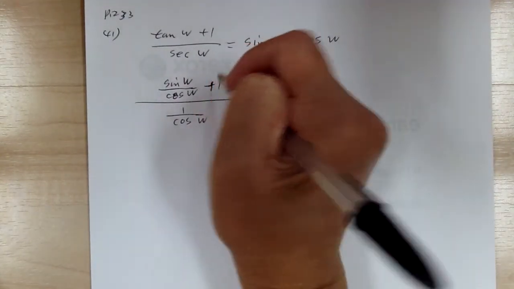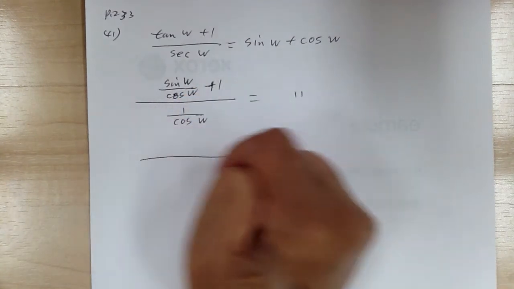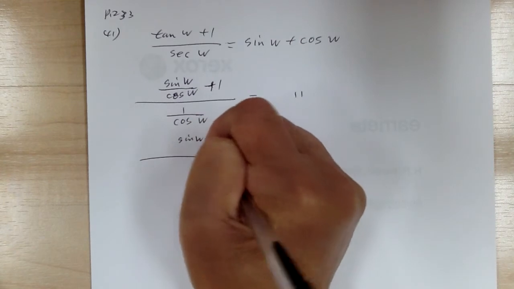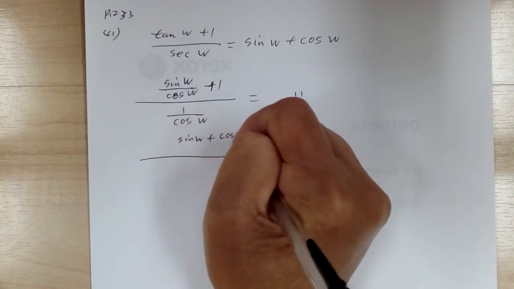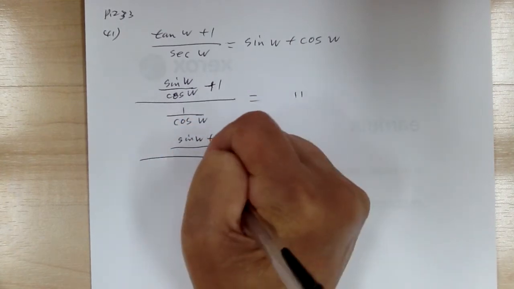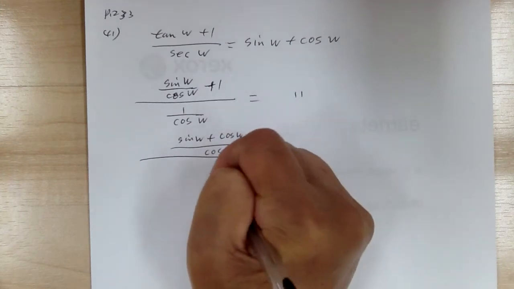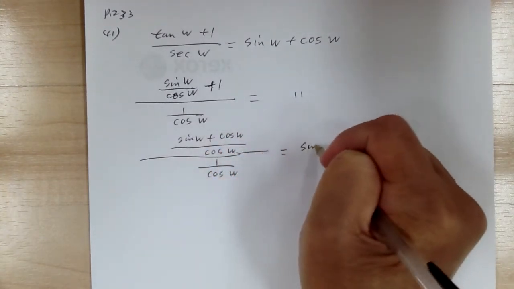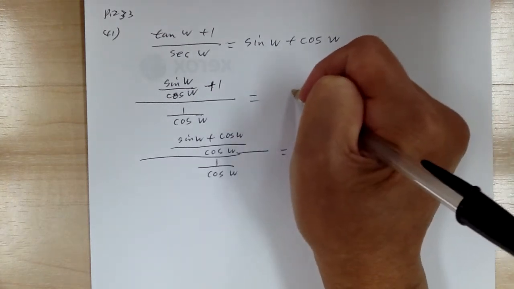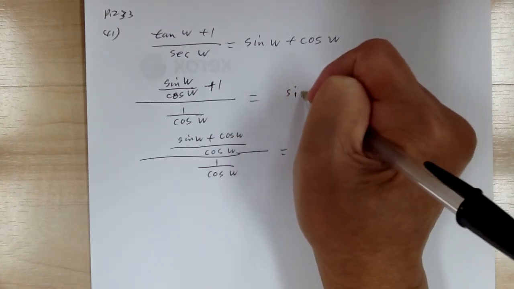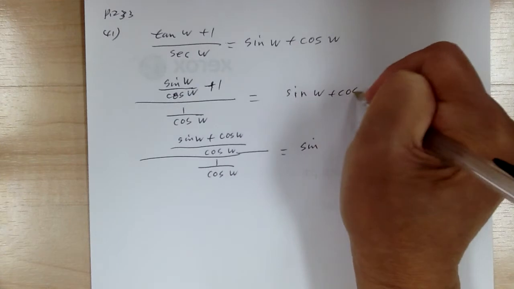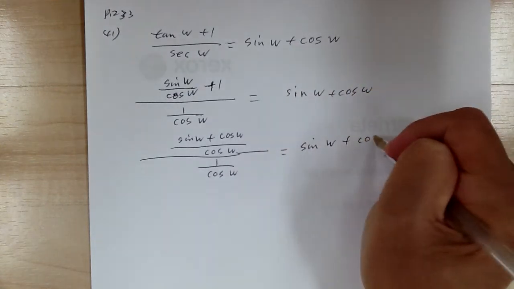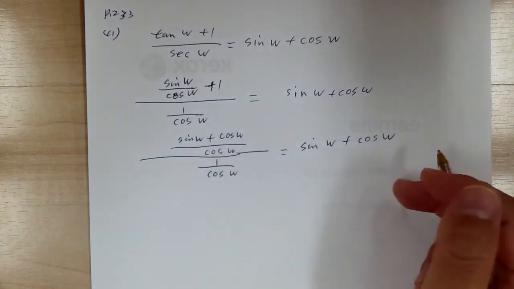Okay, now to add this, I need to get a common denominator. So I get sine W plus cosine W over cosine W. I'm going to write it out so I can see what's on the other side, easier for me to visualize.